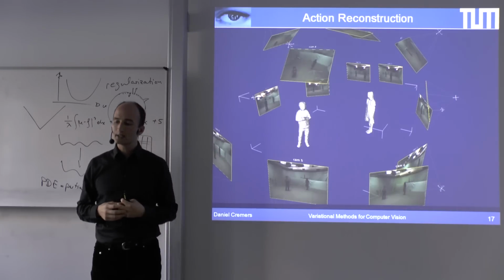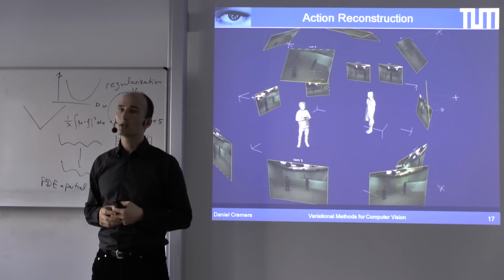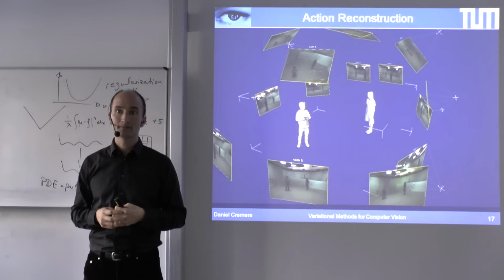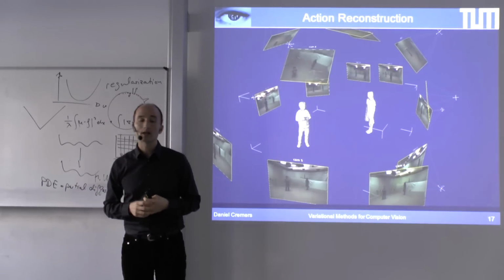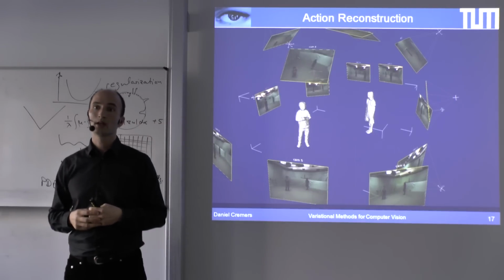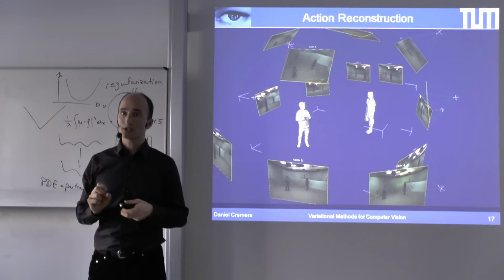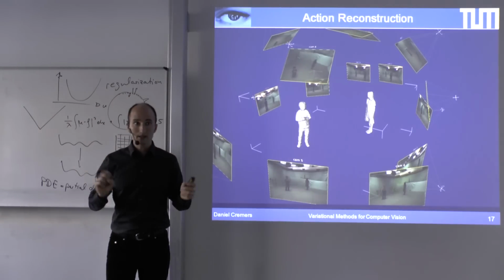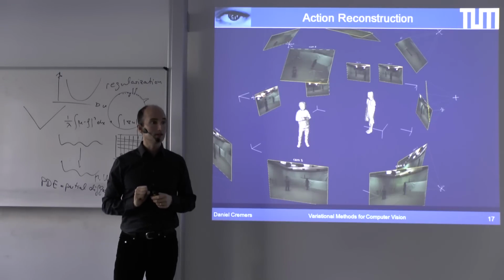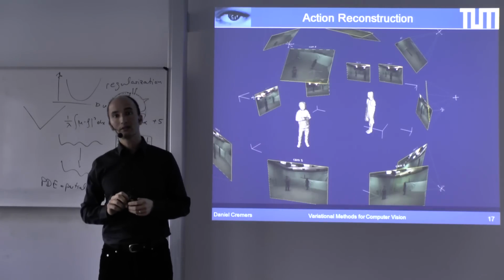And where is this heading? Well, one of the things it's heading to is what's nowadays called 3D television. You can expect in the coming years, television will go into the third dimension. And you will be able to acquire actions in 3D in a way that the user can change his viewpoint later on.